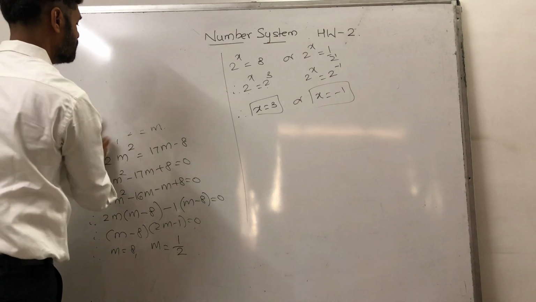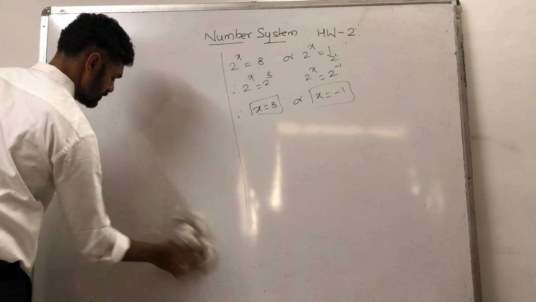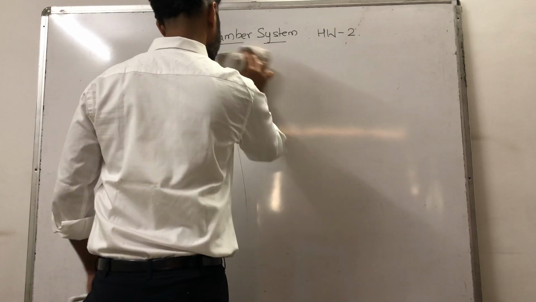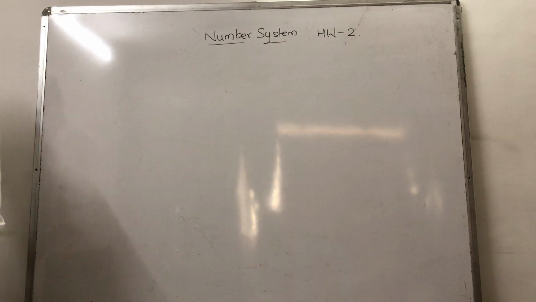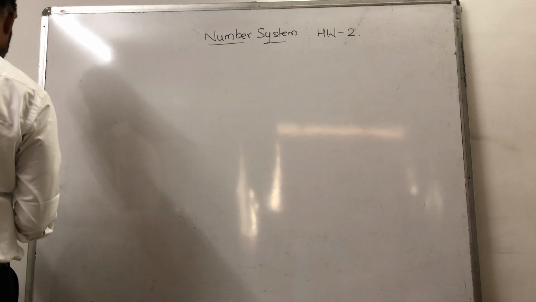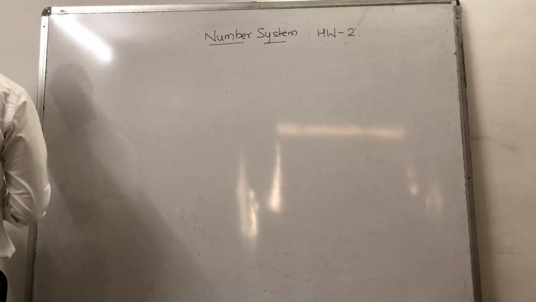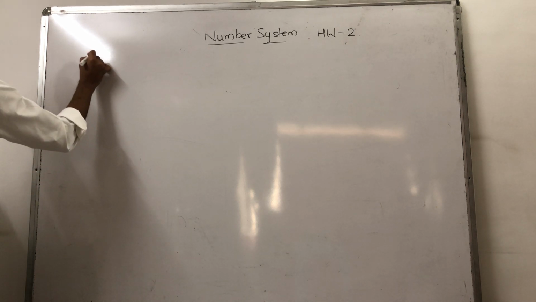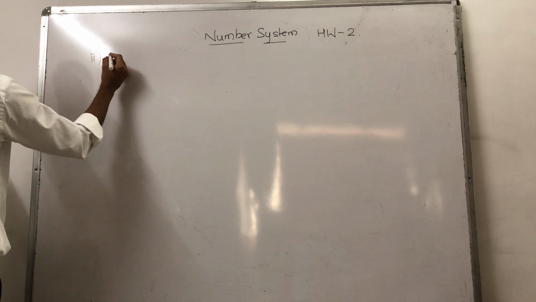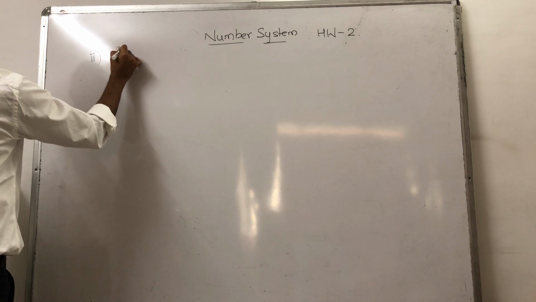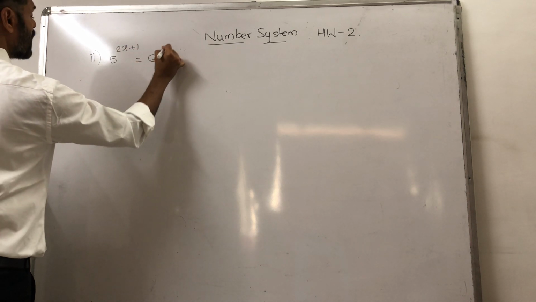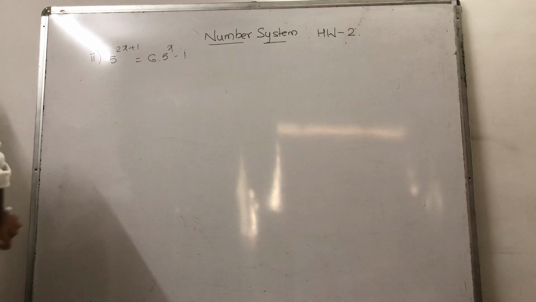Let's do the second sum. In the second sum of question 6, the question is 5 raised to 2x plus 1 is equal to 6 times 5 raised to x minus 1.